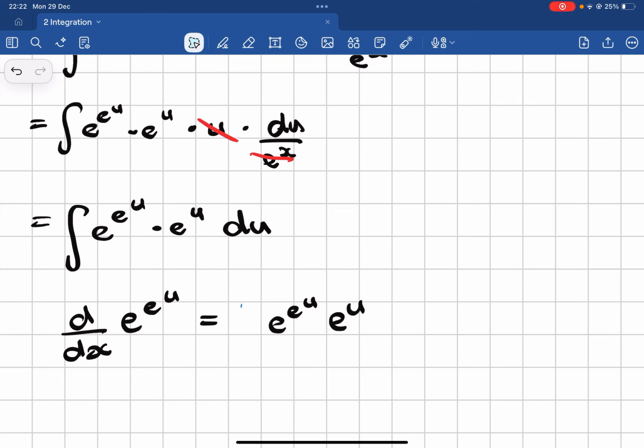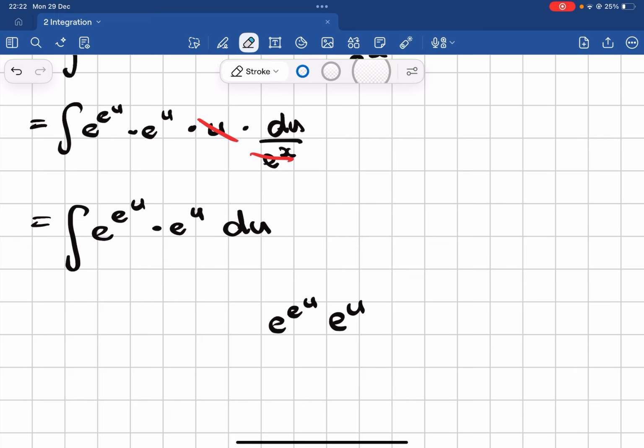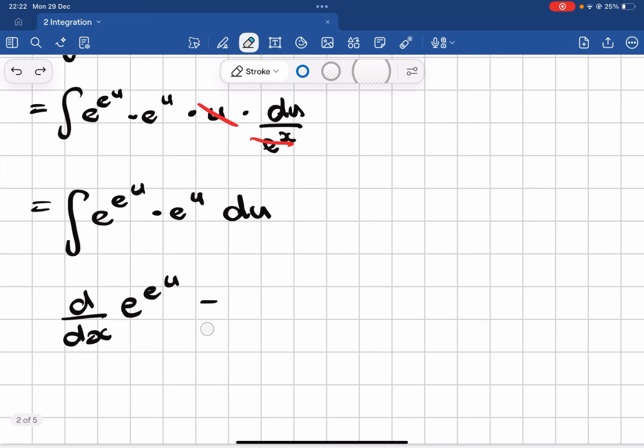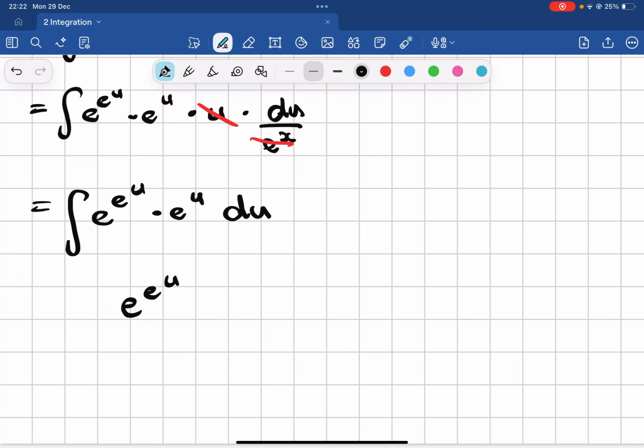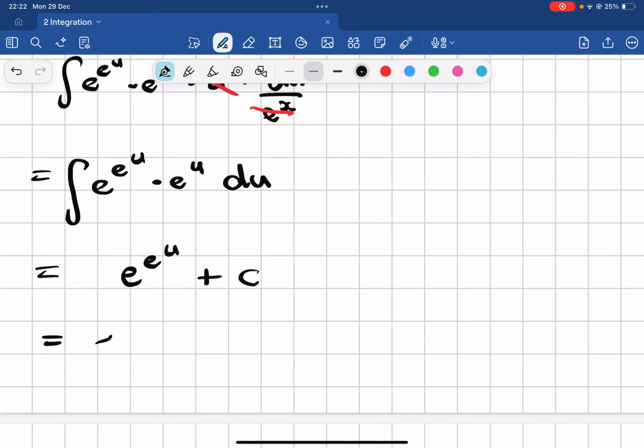And notice how this matches up with what we're trying to integrate. So we can say that e to the u multiplied by e to the u integrates to give us e to the e to the u. Now if you sub in e to the x instead of u, we have e to the e to the e to the x plus c.